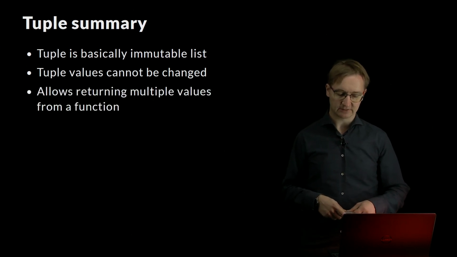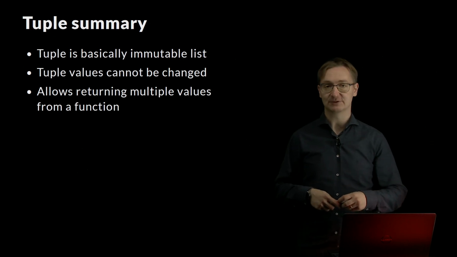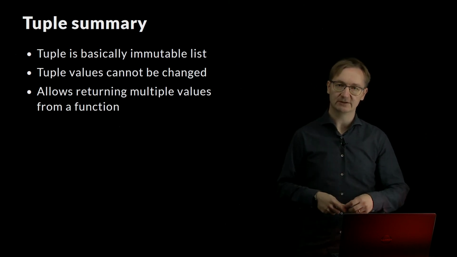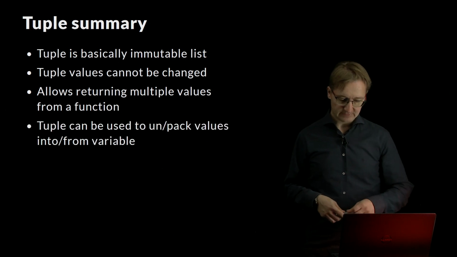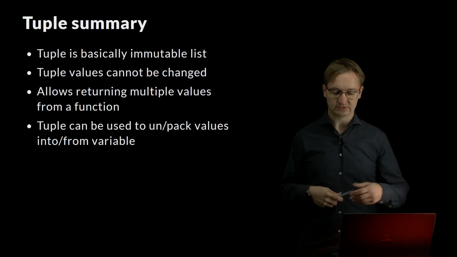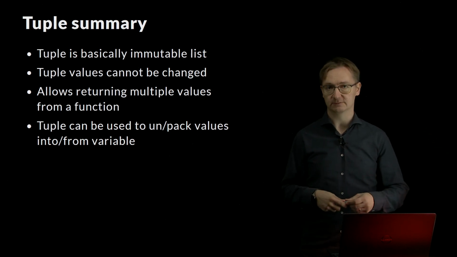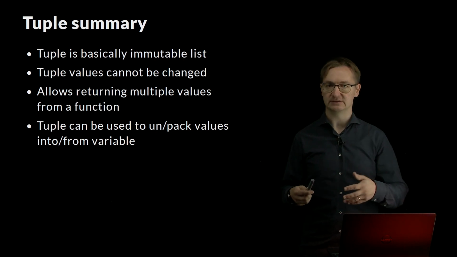Tuples allow us to return multiple values from a function. If we have a function which returns, for example, 2 values, then it's actually a tuple. And yes, we can use tuples to pack or unpack values into or from a variable. If I want to pack 3 values into a variable, it's basically a tuple.